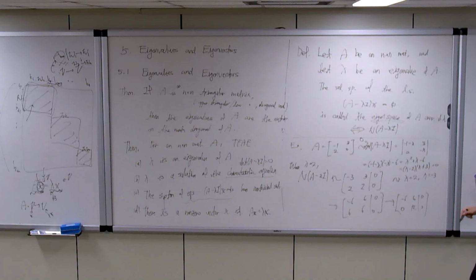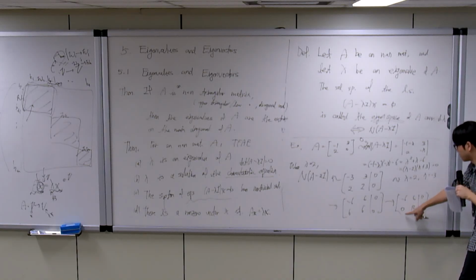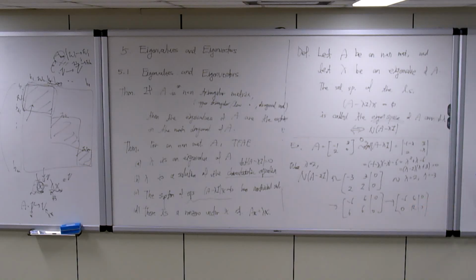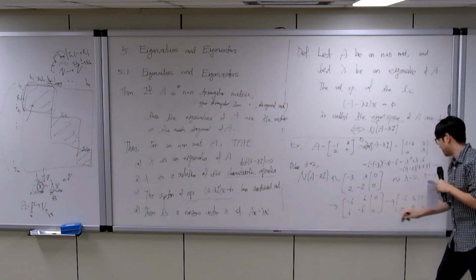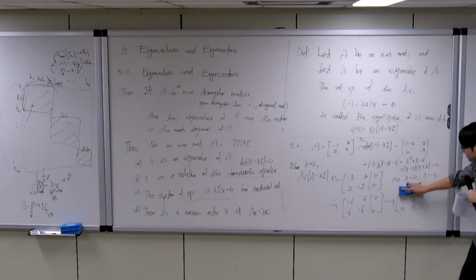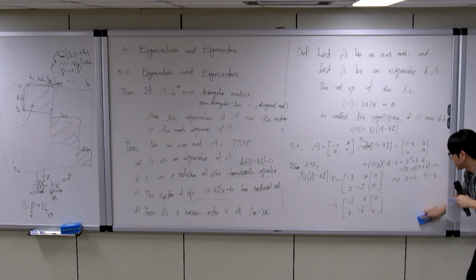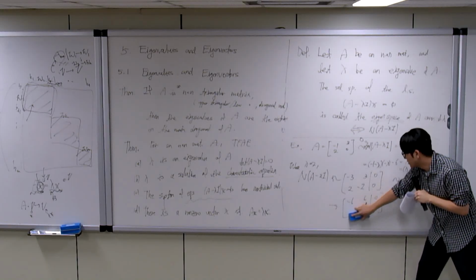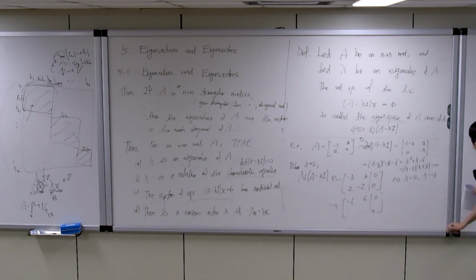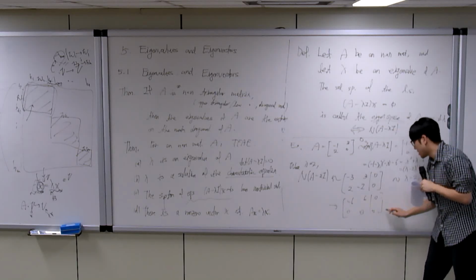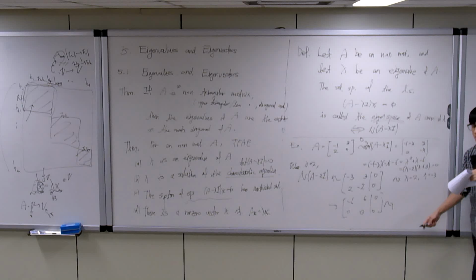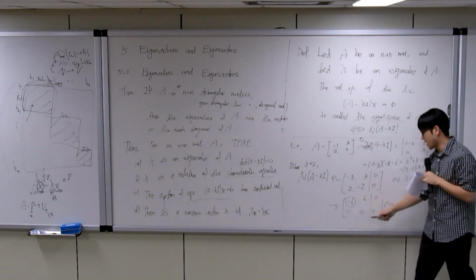Oh wait, I think something is wrong, here it's minus 2. Yeah, then we don't need to calculate it. We will get this equation, and it will give one leading term and one free term.